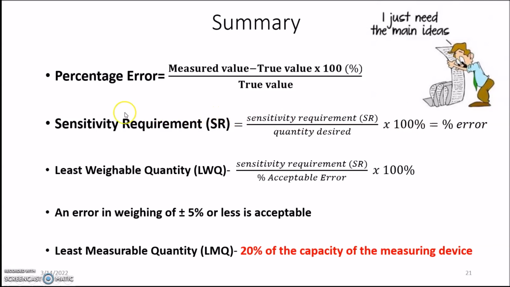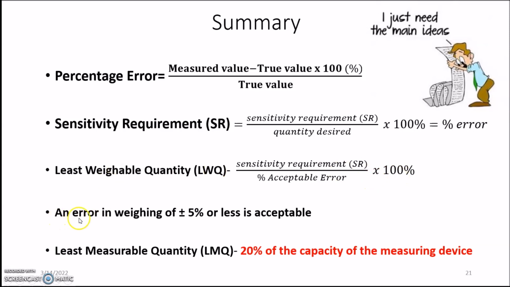And of course, you can always rearrange this formula to determine either the percentage error or the quantity desired or the least weighable quantity. As is seen here, the least weighable quantity is the sensitivity requirement divided by the acceptable error times 100%.